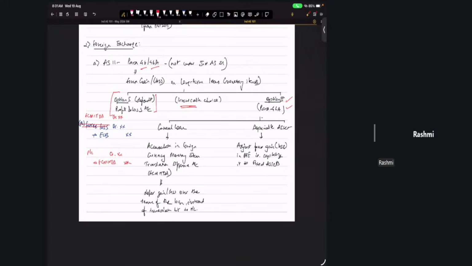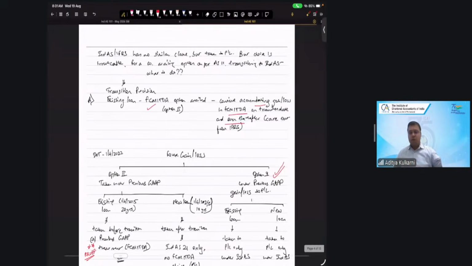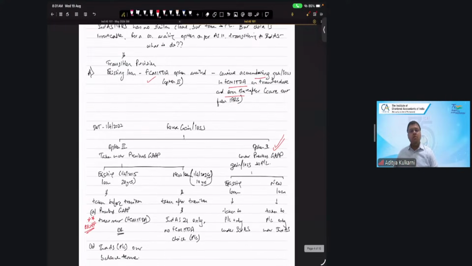Taking it to the P&L. So I was following this only, taking it to the P&L, until the date of transition. Then the date of transition happened. So now, can I go for FCMITDA under the Ind AS regime?